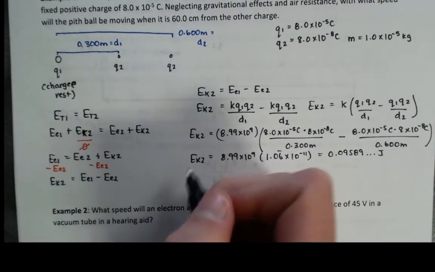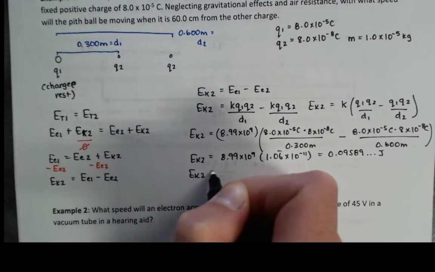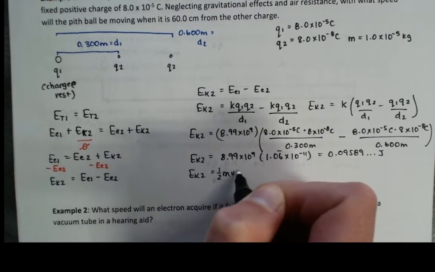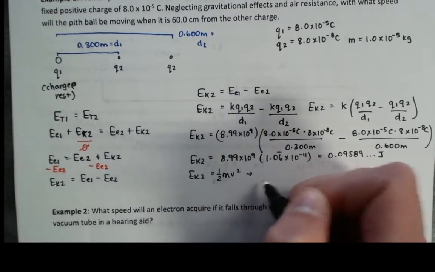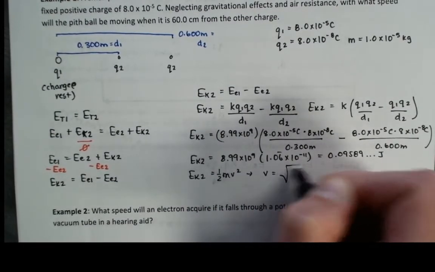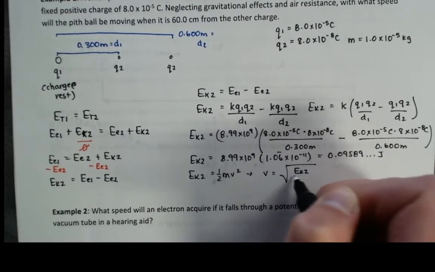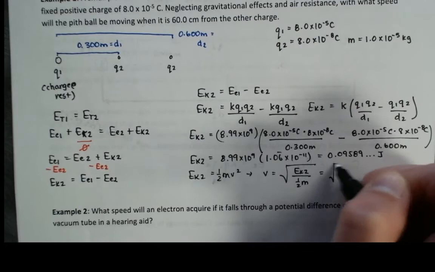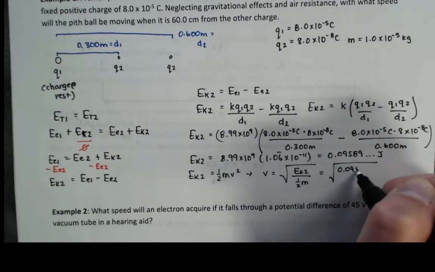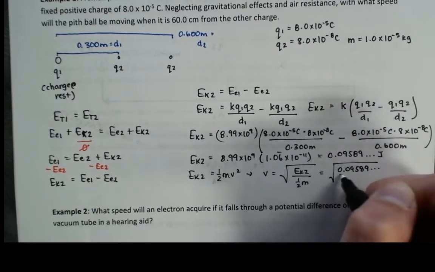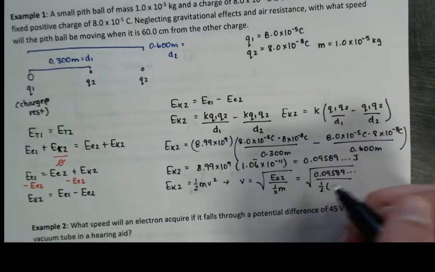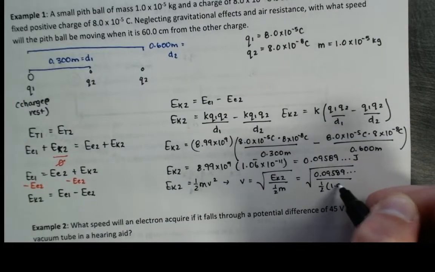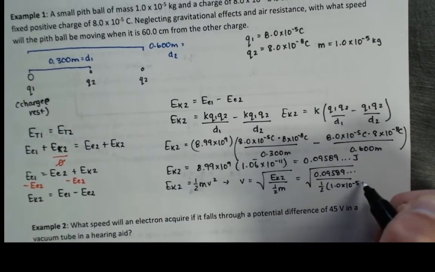That's EK2. Now we also know that EK2 is equal to half mass V squared. If we want V by itself, it's going to be the square root of EK2 over half M. Divide by half times mass, which is 1 times 10 to the negative 5.